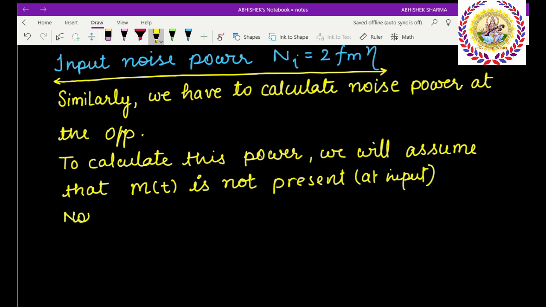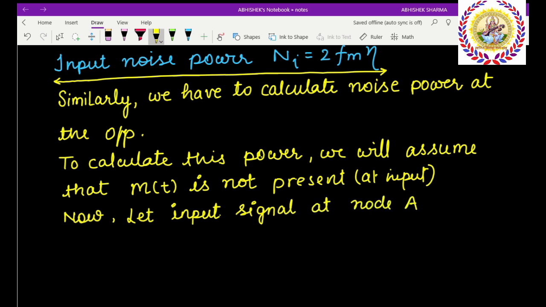Now let the input signal at node A be given by gi(t).